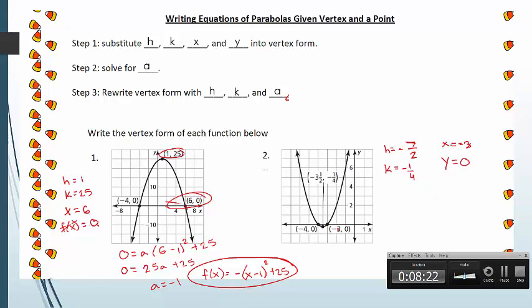So I got all 4 of my values labeled, and now I plug them into my vertex form. So we have f of x equals a, parenthesis, we have x, minus h would actually become plus 7 halves, so I'll go ahead and write plus k.